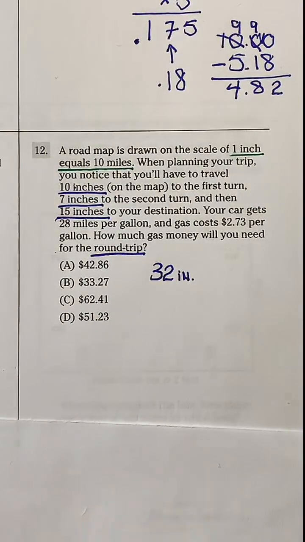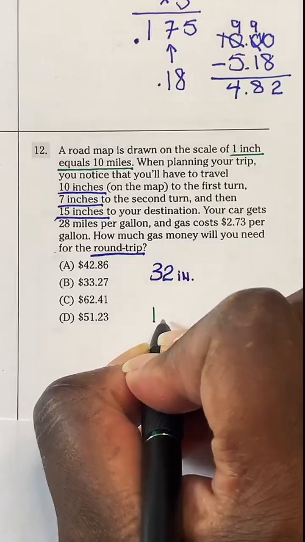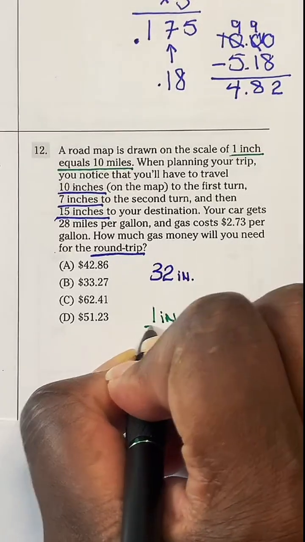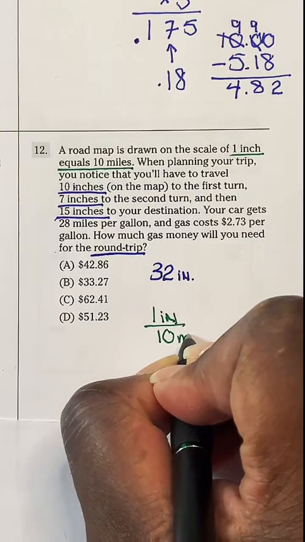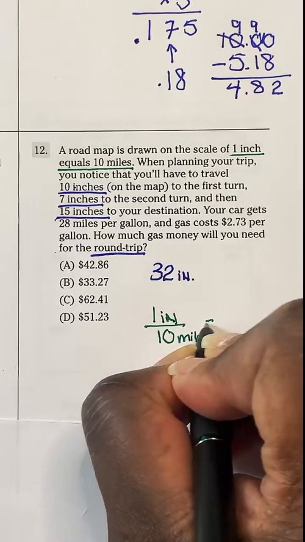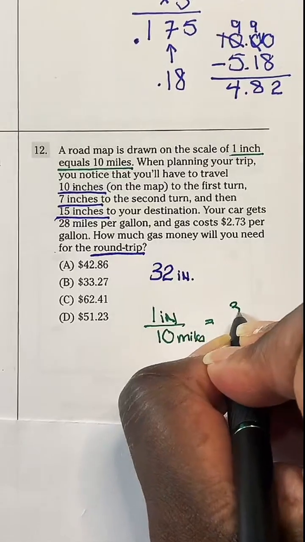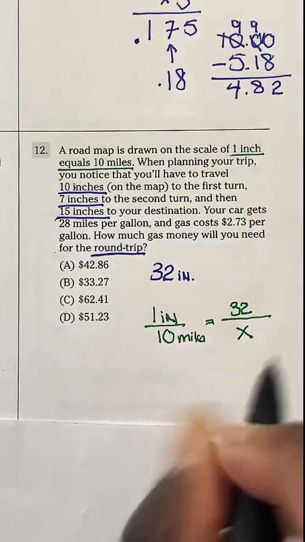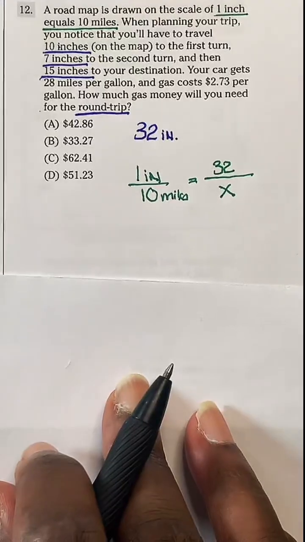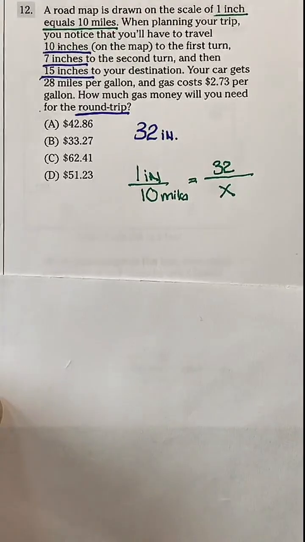If 1 inch is equivalent to 10 miles, and we have 32 inches, how many miles would that be?